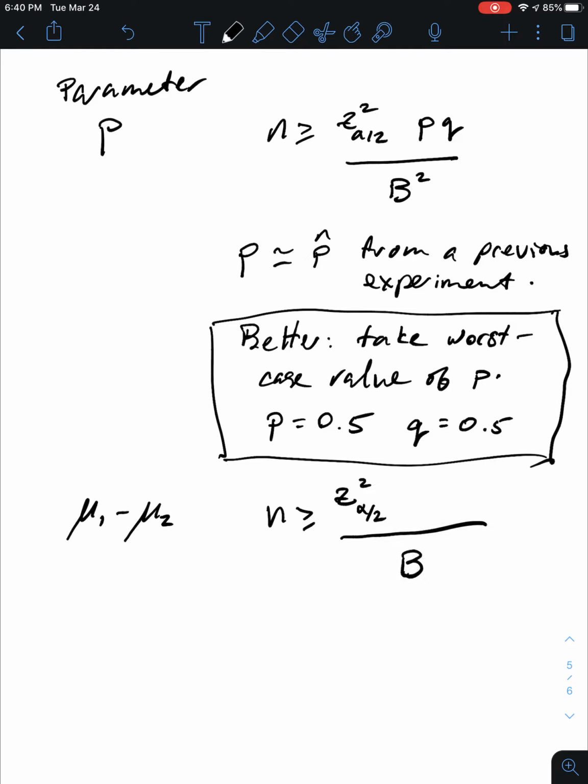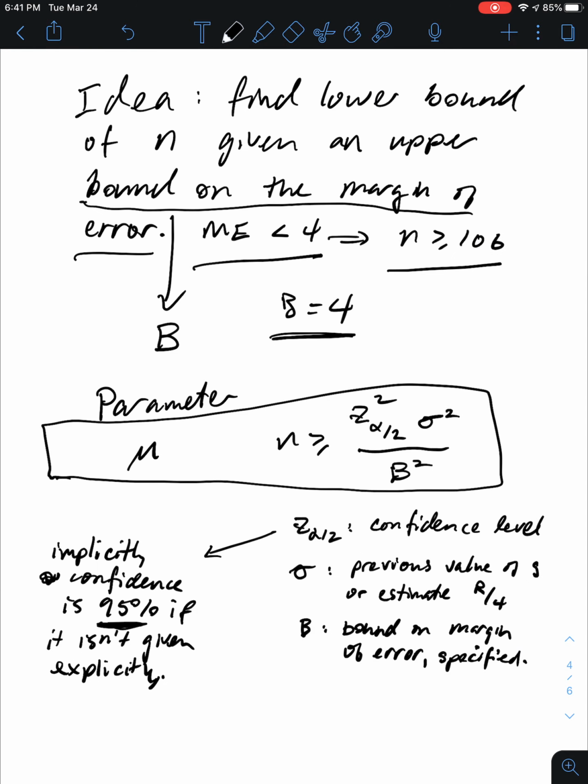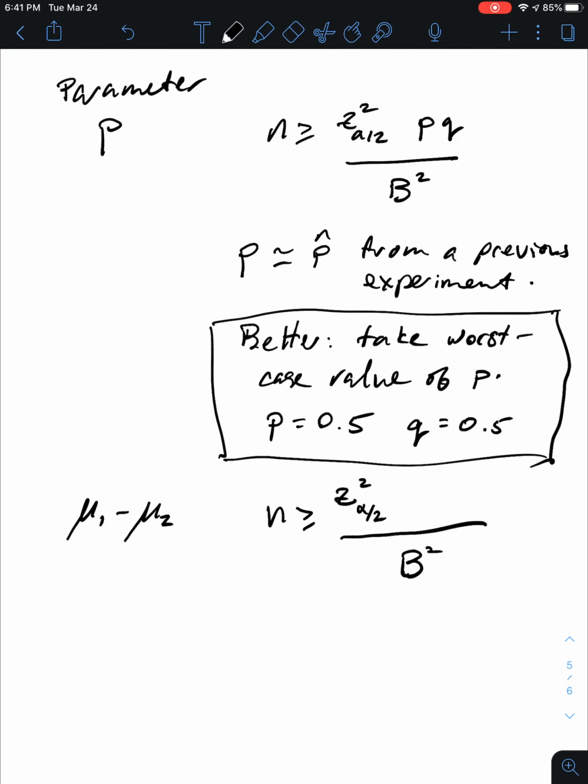As usual, the formula has the z sub alpha over 2 squared, and the b squared, and I divide those two numbers, but there's also another component, and that's that we're going to use the two standard deviations from the two populations.